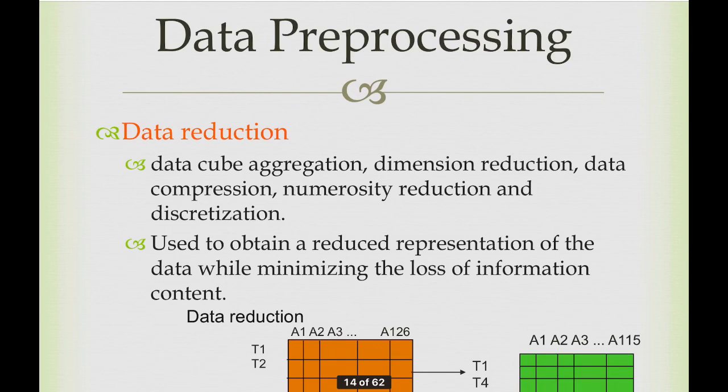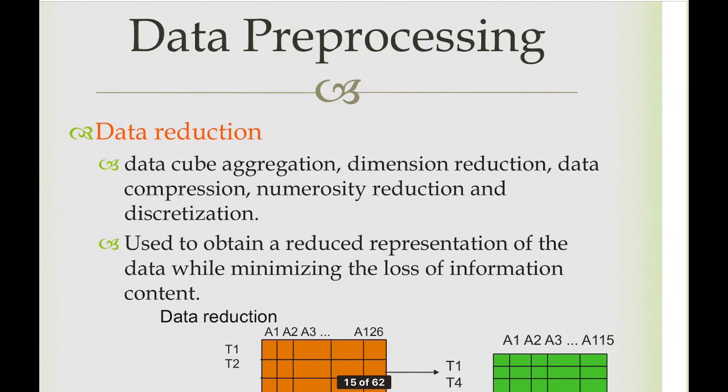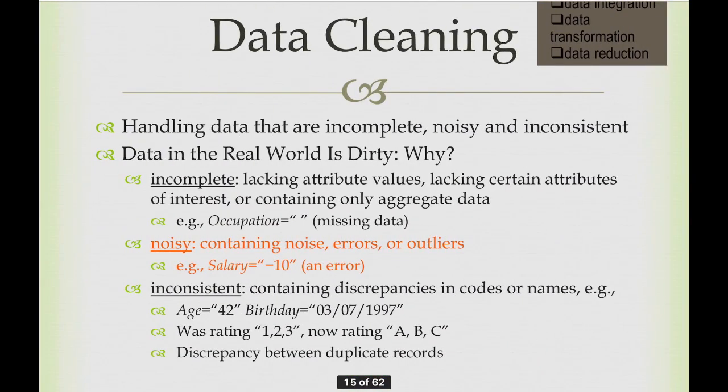So, mungkin dekat sini you boleh refer back your slide on database previously. I believe that you have studied this in previous semester. So, what is the task of data cleaning? What are we going to do with it? Actually, handling data that are incomplete, noisy, and inconsistent.